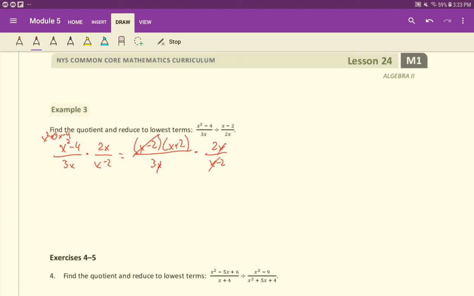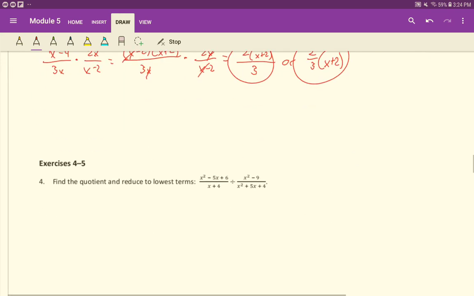This x and this x cancel. And that's pretty much it. So we'll multiply what's left up here, the 2 and the x plus 2, and we'll multiply what's left in the denominator, which is just the 3. So we could maybe rewrite this as 2/3 times x plus 2 like that as well if we wanted to. Either one's acceptable.